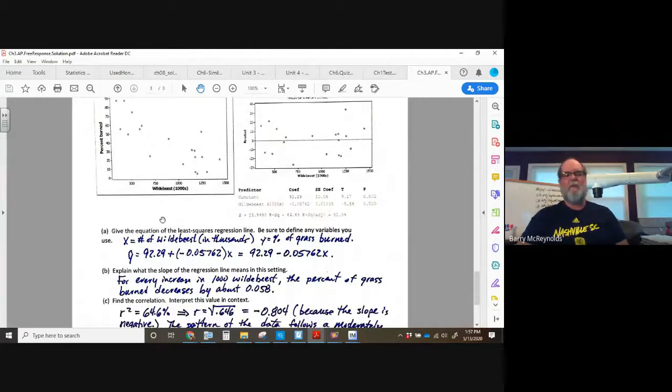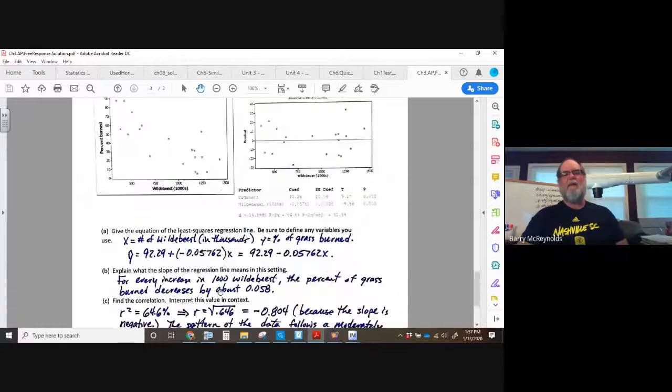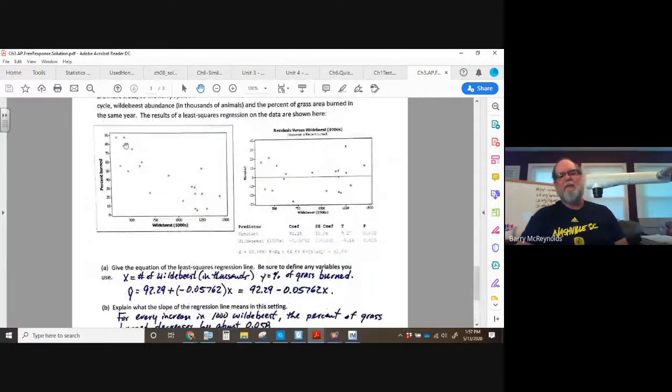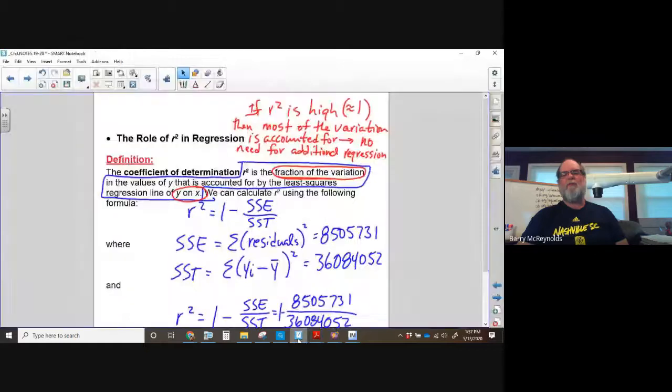There's some other variable that's kind of lurking in the background that accounts for about a third of the data, but about 2/3 of the data are accounted for by just the population of wildebeest. And so this regression is pretty strong, and you can see that because the dots are pretty close to the line. So again, go back and read that paragraph in the textbook about what R squared is, and you'll be fine.